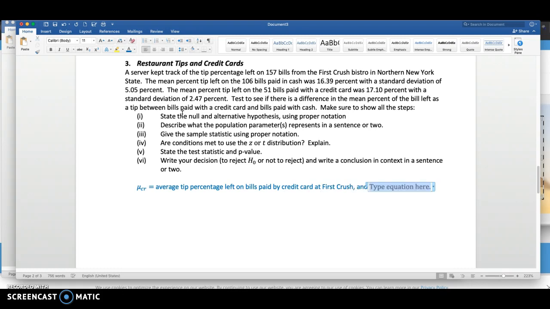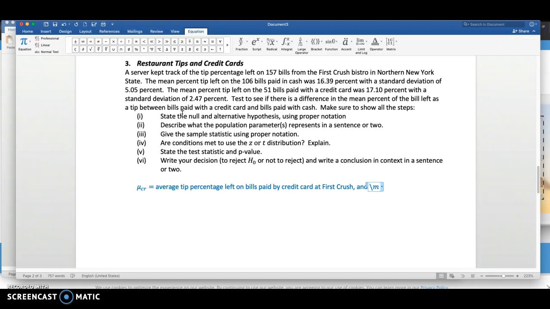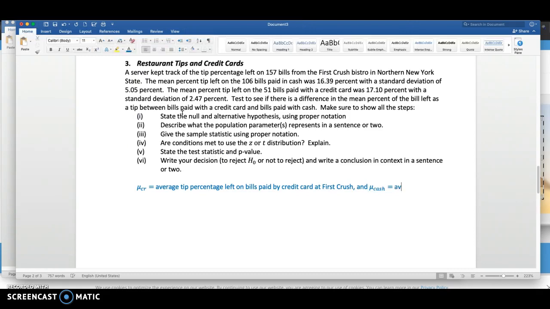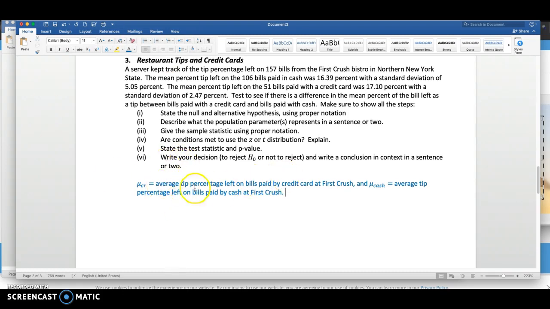And then we have a different population mean. Mu sub cash is equal to the average tip percentage left on bills paid by cash at First Crush. So I want to see a sentence or two just describing what the population parameters are.